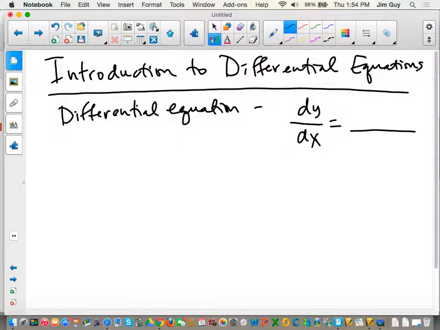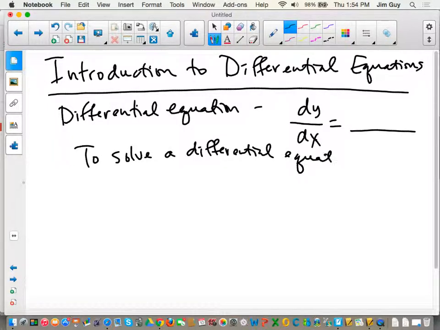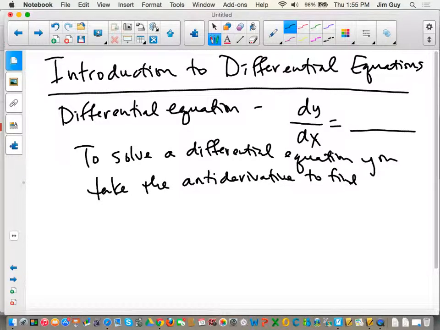To solve a differential equation, you take the antiderivative to find y equals, or whatever, it could be a different variable, of course, but you want to go back to the original equation.